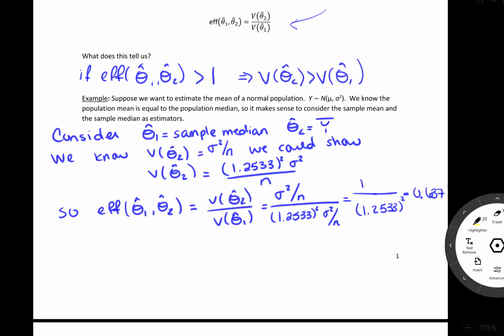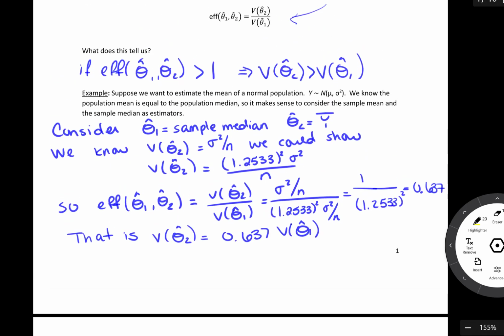Okay, so in other words, what that tells us is the following. Theta hat 2 is more efficient at estimating mu when the data are normally distributed.